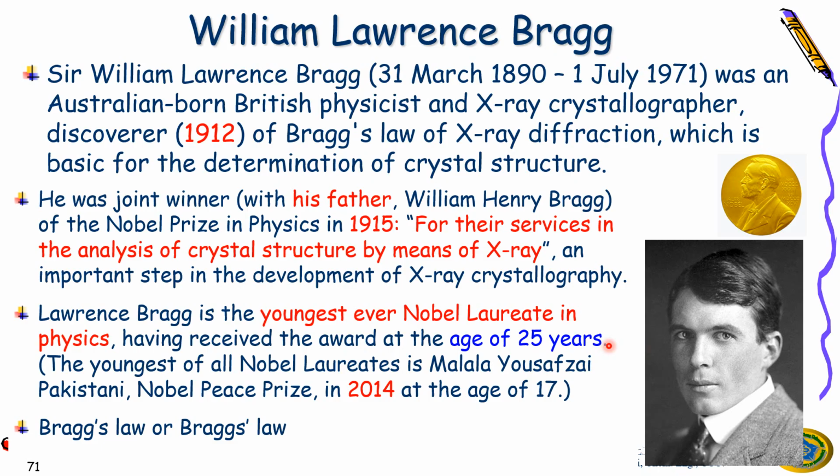Forget about what I say. But he's the youngest Nobel Prize winner in physics. The youngest in the world is the age of 17. She won the Nobel Peace Prize. Okay, a girl, anyway, from Pakistan.